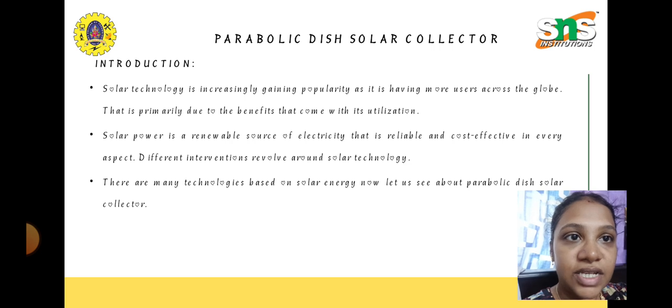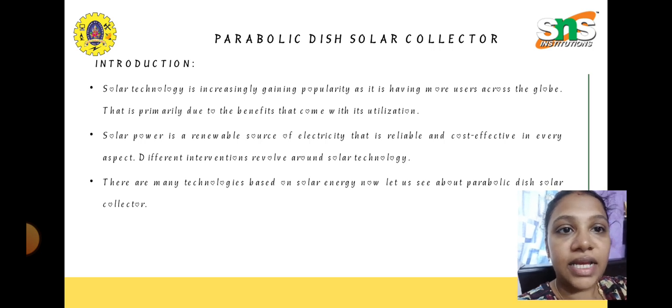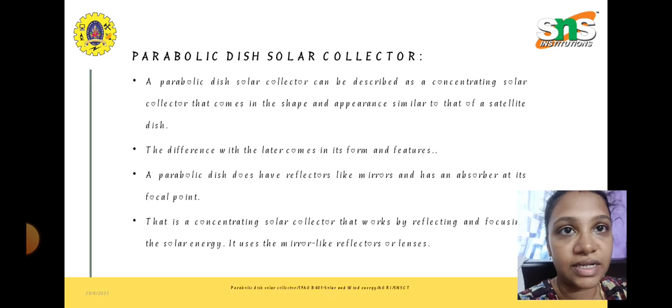Solar power is one of the renewable sources of electricity, and it is also reliable and cost effective in every aspect. Different interventions also revolve around solar technology, and there are many technologies based on solar energy. So let's look at one technology that is adopted, the parabolic dish solar collector.